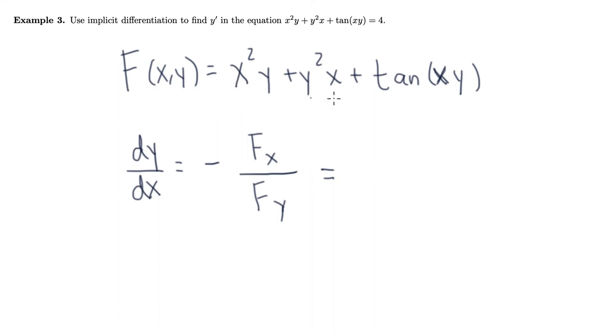The partial derivative of this with respect to x is going to be 2xy plus y squared plus, well, we're going to get a secant squared, and then we differentiate with respect to x, so we'll get a factor of y.